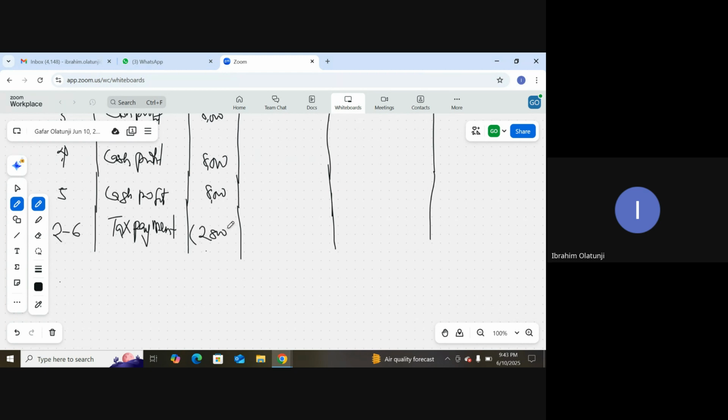If I want to do it separately, I can say 2, 3, 4, 5, 6 and put 2,800, 2,800, 2,800, 2,800. Do you get my point now? So at this junction, no need of adding. It is from 2 to 6 years. That's the meaning.